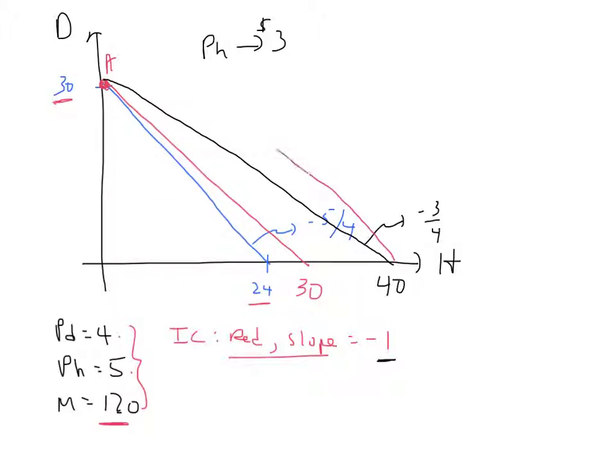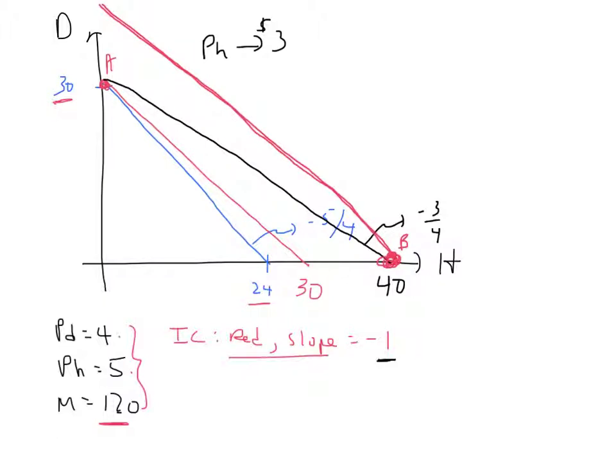Okay, so that should have the slope of -1. It should be steeper than the slope of -3/4, and the optimal point will be right here. So here is our B point, right there.